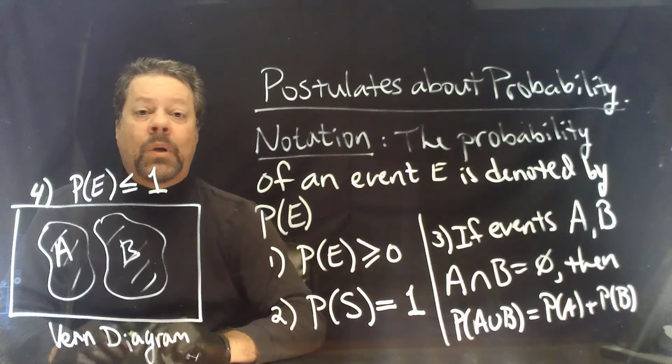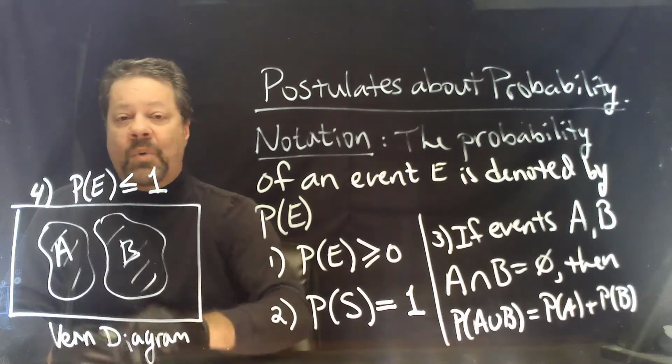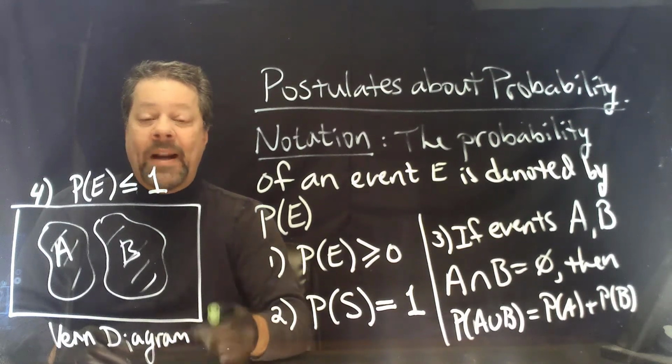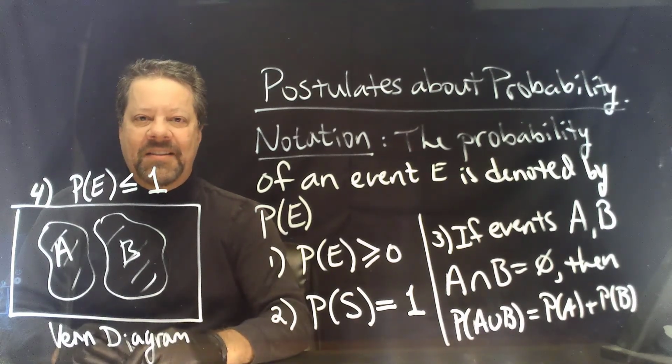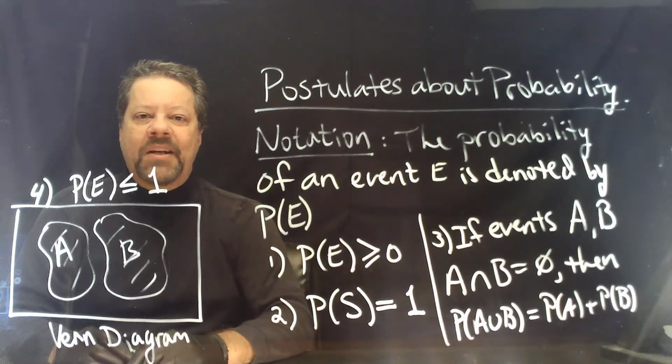So probabilities will always be numbers between 0 and 1. 0 means it won't happen. 1 means it definitely will happen. 1/2 means there's a 50-50 chance. 50%. If you multiply the probabilities by 100%, you get the percent chance of an event happening.